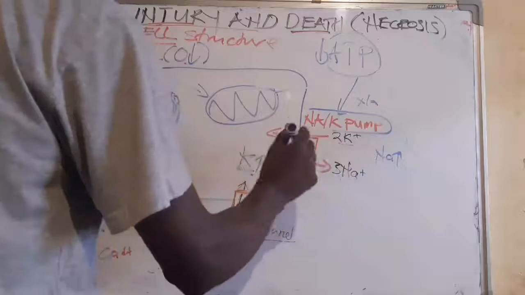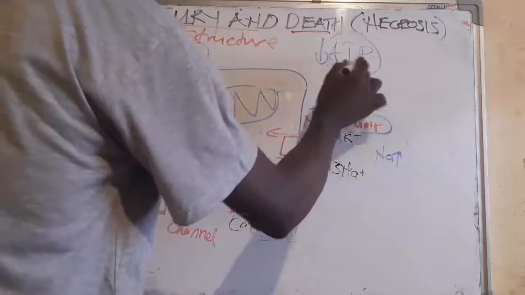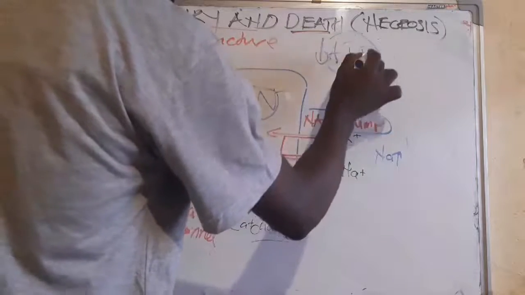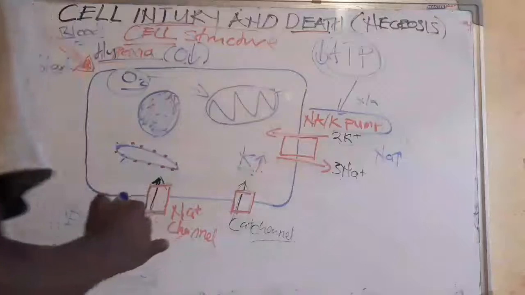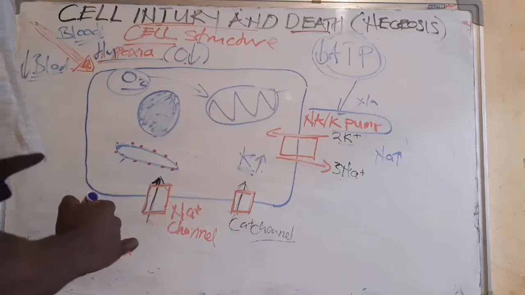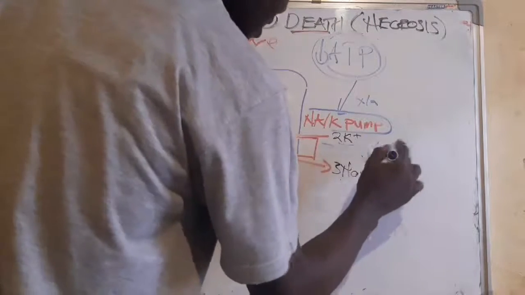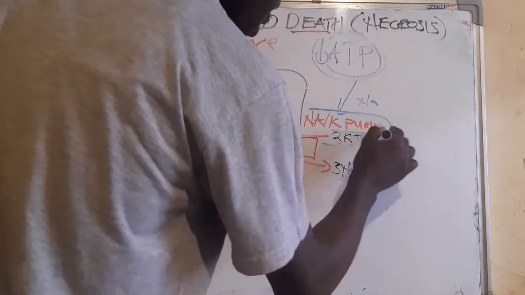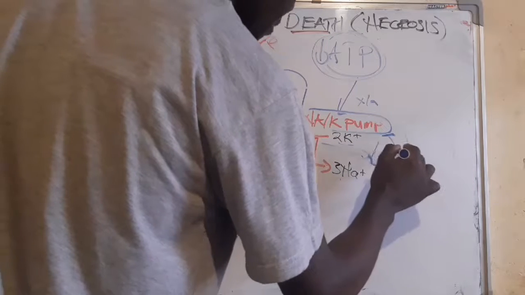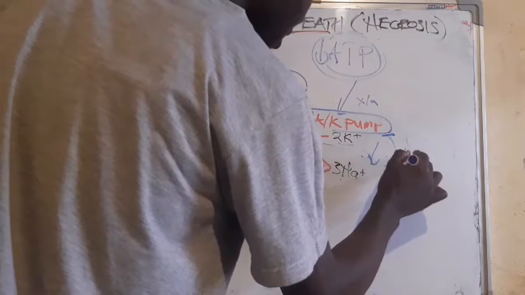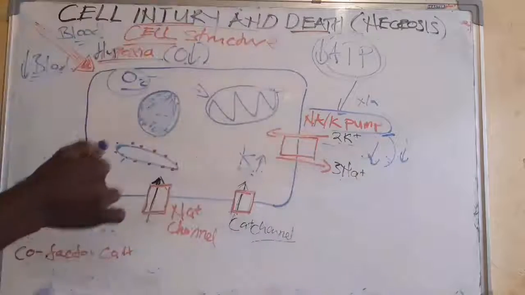Now, when there is a reduction in ATP production, what will result? It will decrease the function of the sodium potassium pump.